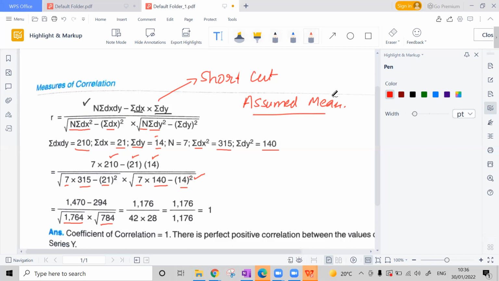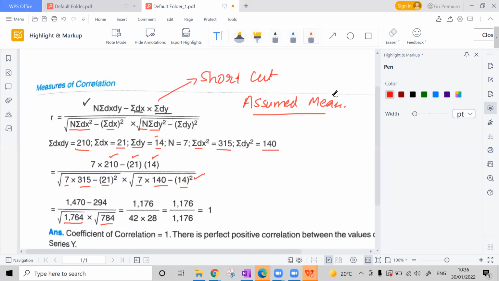Clear with this? Noted, beta, has everyone noted? Yes. Okay, can I move further now?